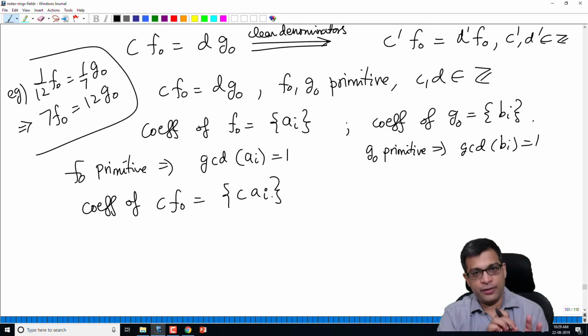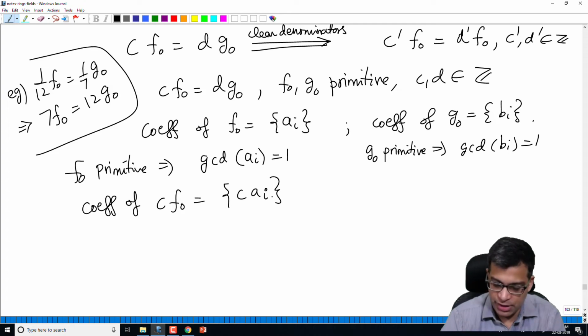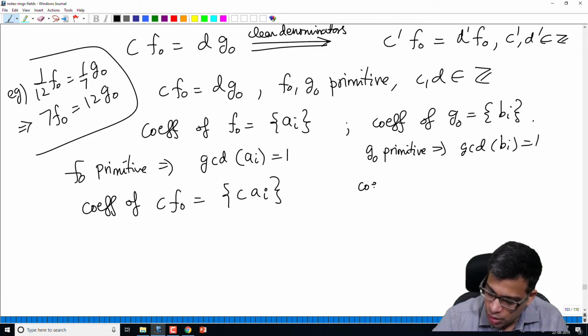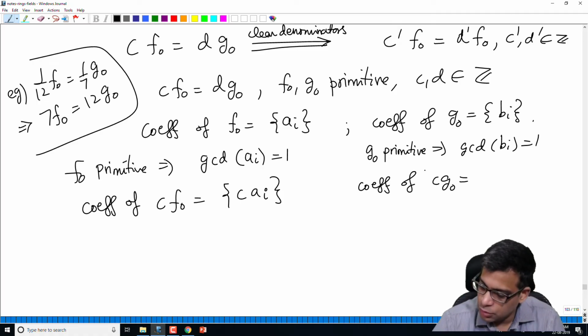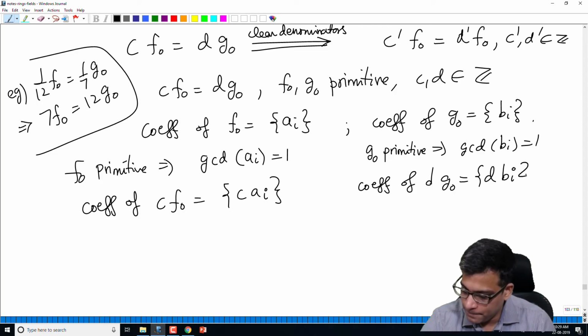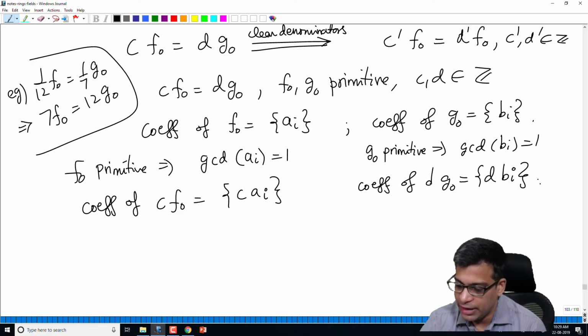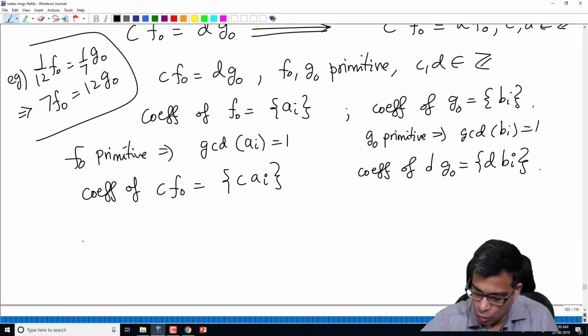We are multiplying every coefficient by C. Multiplying f0 by C means every coefficient by C. So the coefficients of C f0 are C ai. What are the coefficients of D G0? They are D bi, because bi are the coefficients of G0. D G0 has coefficients D bi.